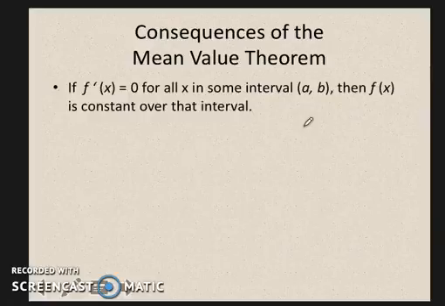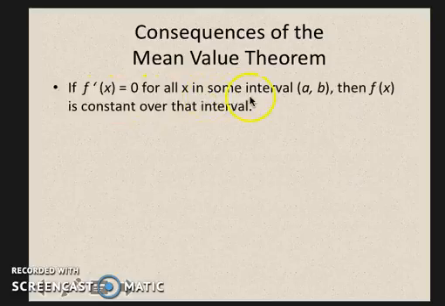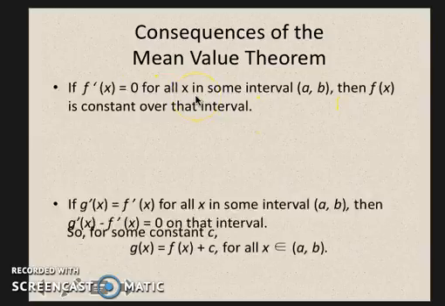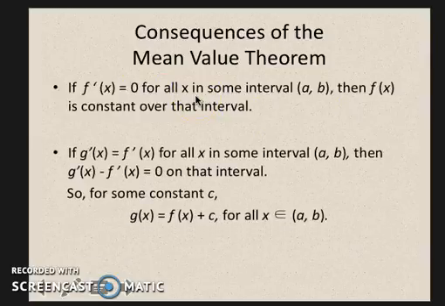A consequence of this mean value theorem, or MVT for short, is that if f'(x), the derivative of the function, equals 0 for all x in some interval AB, then the function is constant over that interval. If the derivative is 0 constantly, that means it's constant. Pretty obvious here.